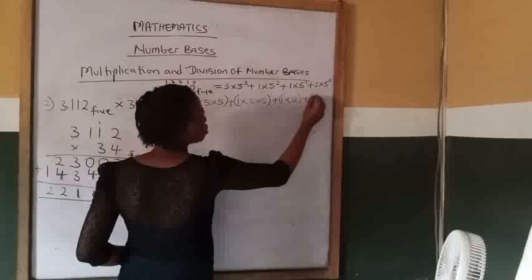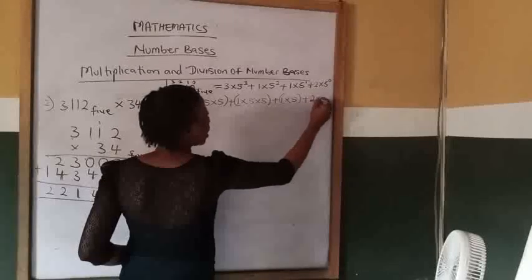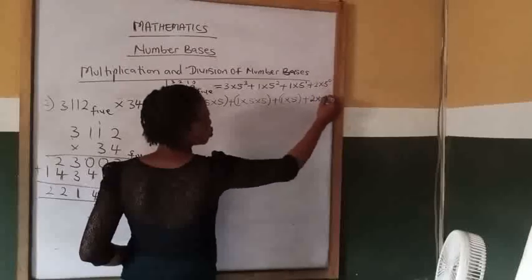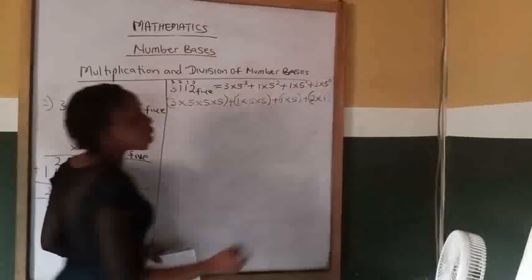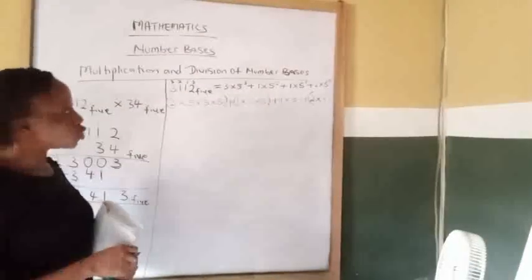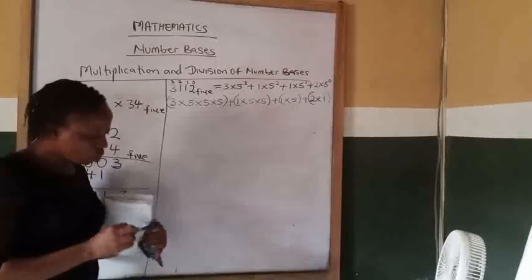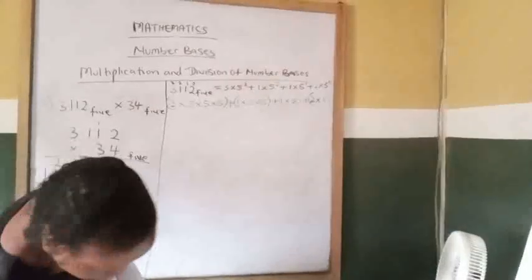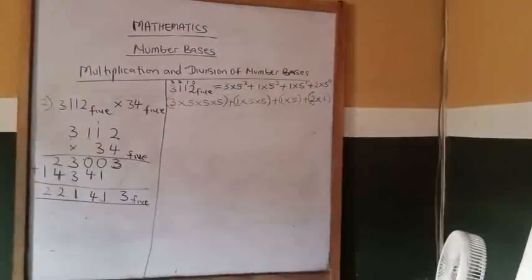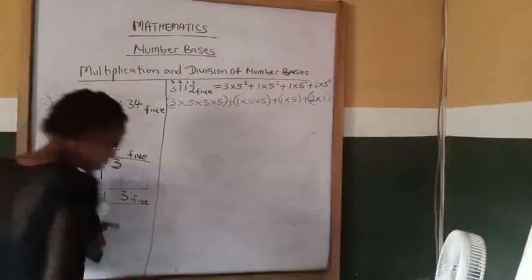Then plus 2 times 5 raised to power 0, which is 1, because any number raised to power 0 is equal to 1. Then we open the brackets now.